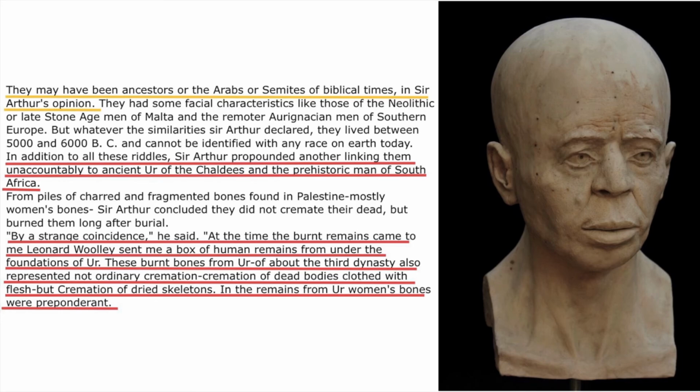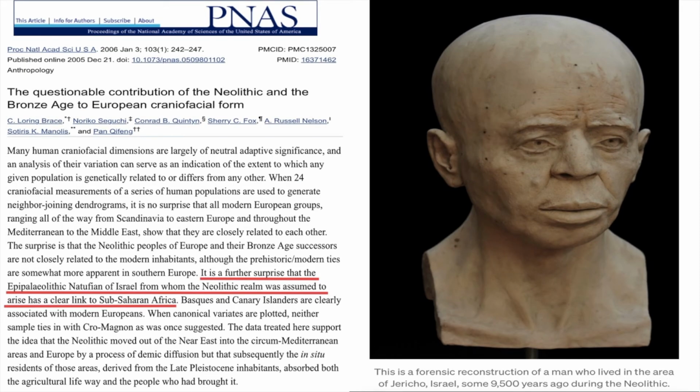So the Natufians seem to biologically be linked to Ur of the Chaldees, which is interesting. So again, Natufians are another great example of how Proto-Semites and Abraham's people could have looked. And of course, it is a further surprise that the Epipaleolithic Natufian of Israel, from whom the Neolithic realm was assumed to have arisen, has a clear link to sub-Saharan Africa. So there you go with that.